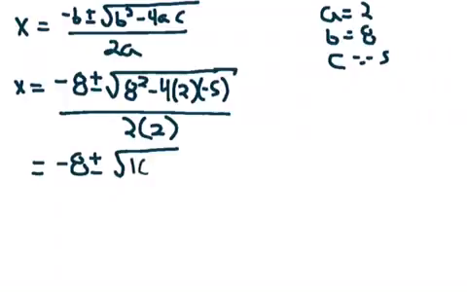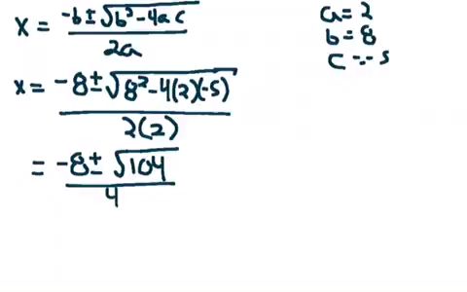We get 104 underneath the square root. You can check this: just type in 8 squared minus 4 times 2 times negative 5 in your calculator, and you should get 104, and then all of this over 2 times 2, which is going to be 4.